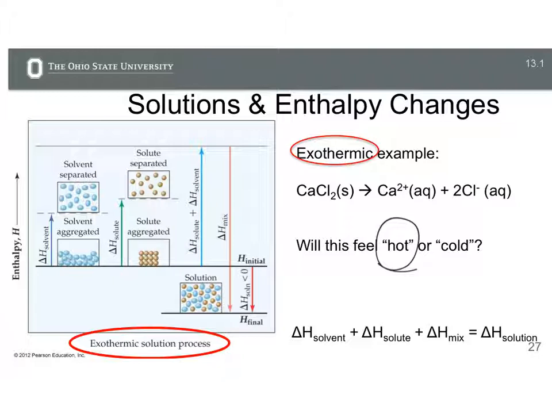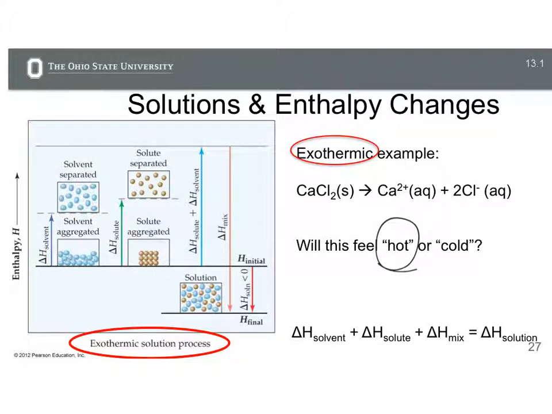All right, so again, this is breaking up our solute, our solvent, and our mixing. So we're going to look at the effects of each of these things. When we separate our solvent, we have some amount of energy that needs to be applied, and that's given by this blue arrow. Same with our solute.